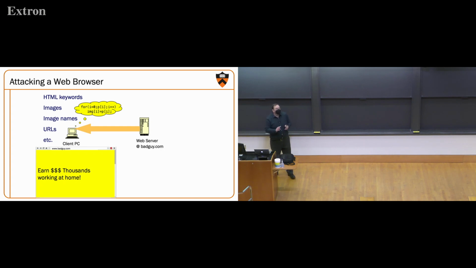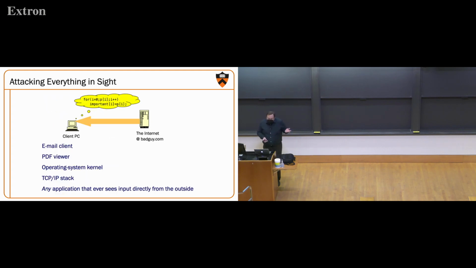And suppose that your web browser contains a buffer overrun vulnerability. So now, whoever's running that web server has taken over your laptop, and can use it for whatever nefarious purpose, like stealing your credit card.